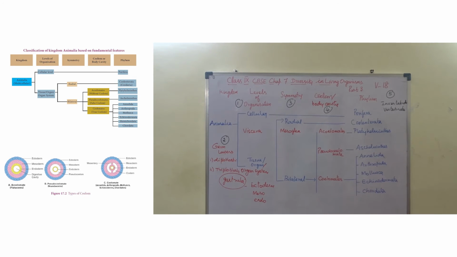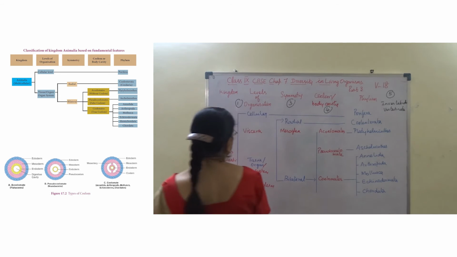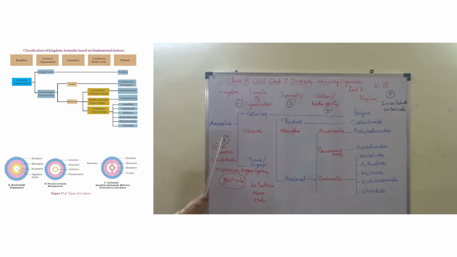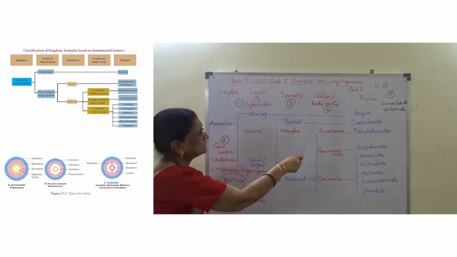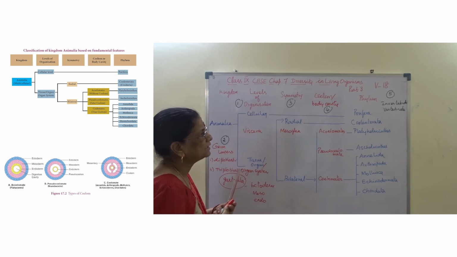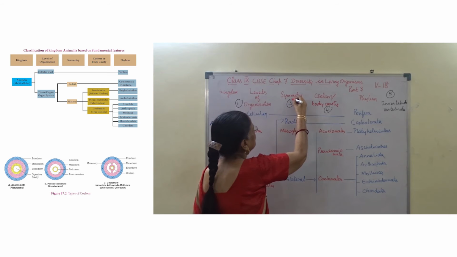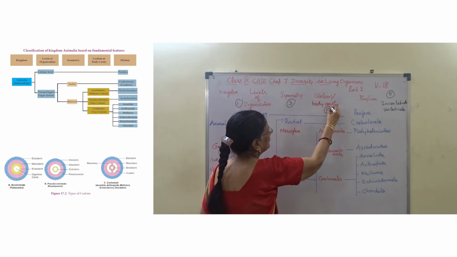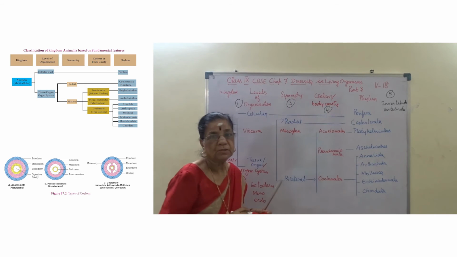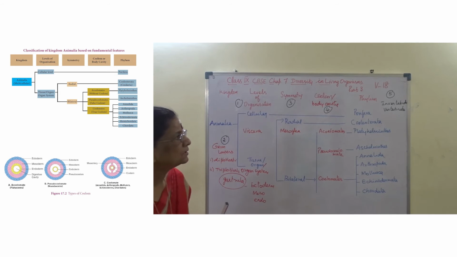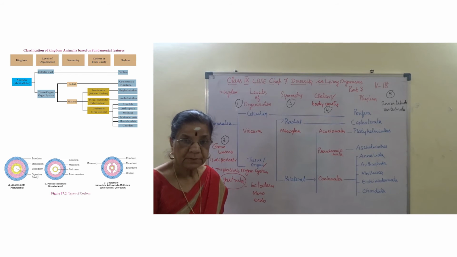I hope you are able to follow this. So first, what are the criteria? We say level of organization, germ layers, symmetry, coelom or body cavity, and presence of backbone. If backbone or vertebral column is present, it is said to be vertebrate animals.